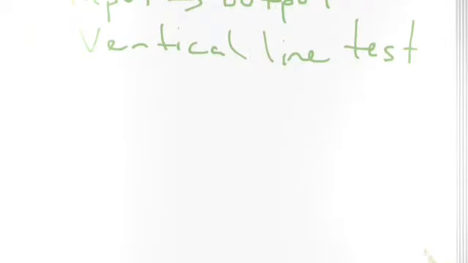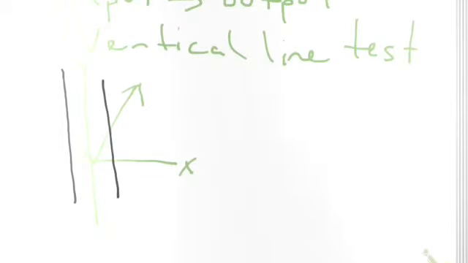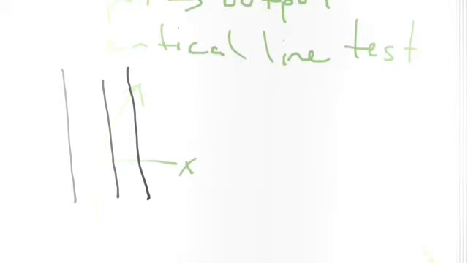Now, a vertical line test is a pretty basic thing. It means that if I graph this function, let's say it looks like that. There's my y-axis, there's my x-axis. And I run a vertical line through it at any point, it will not cross more than one point in the function. So this graph is a function.